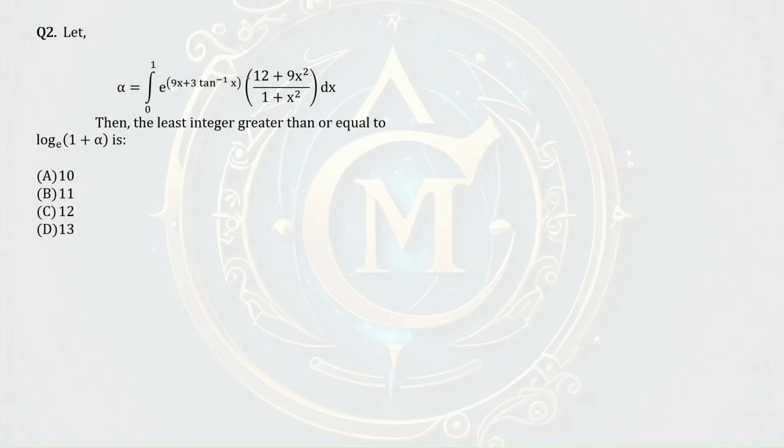If we observe this expression here, this is somewhat familiar, as there is a term containing tan inverse x, and here in the denominator there is a term containing 1 plus x squared. We know that the derivative of tan inverse x is equal to 1 by 1 plus x squared.